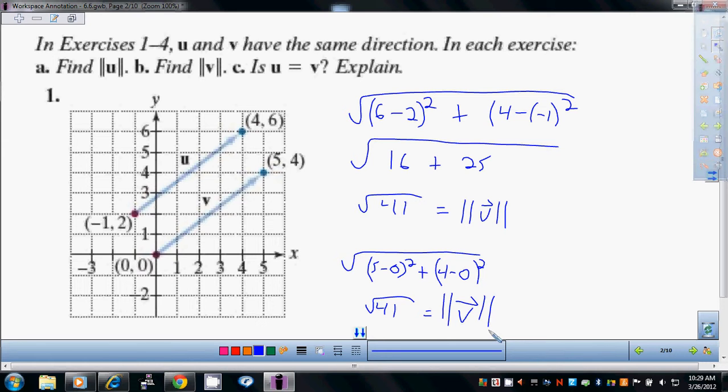Okay. Now, for two vectors to be equal, it says, is vector U equal to vector V? For two vectors to be equal, they have to have both the same magnitude and the same direction. They don't have to start in the same place, but they have to have the same magnitude and the same direction. So you can have infinitely many equal vectors.